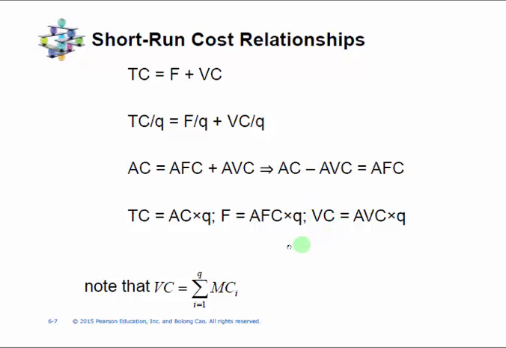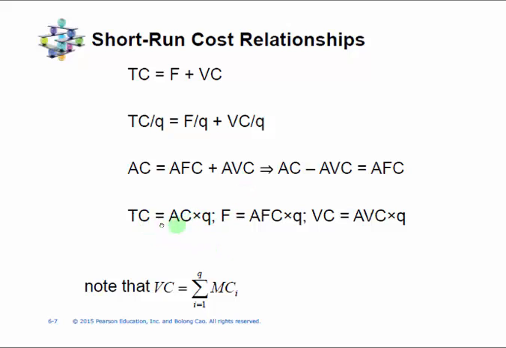Again, if you have every single marginal cost for every unit produced, you sum them up, you will have the variable cost as well. Okay, this just reminds us where the variable cost comes from. It's the sum of all the marginal costs to produce each unit. So I guess the most important thing here is average cost equals average fixed cost plus average variable cost.